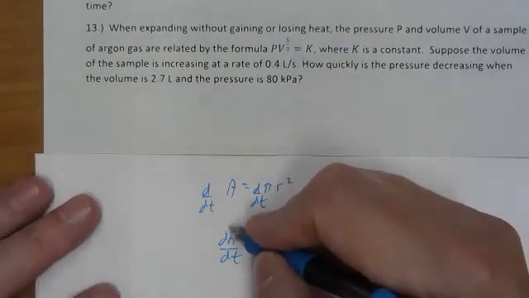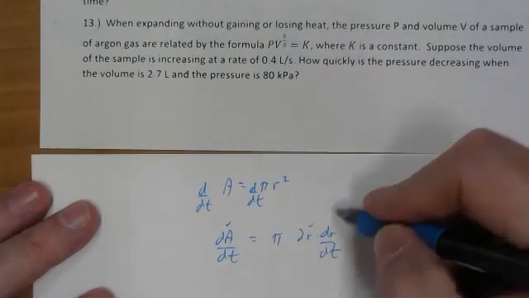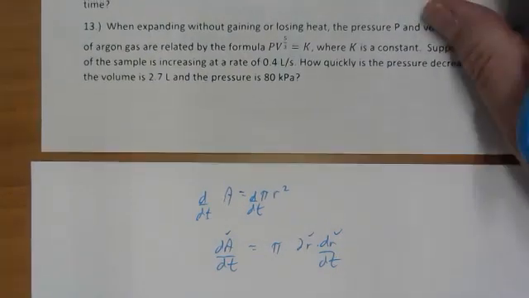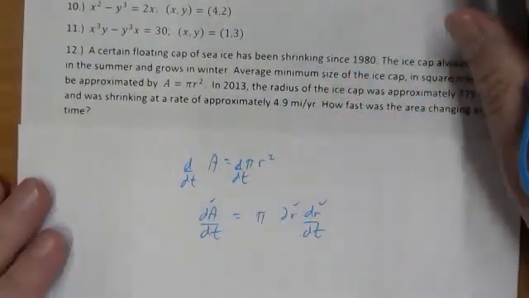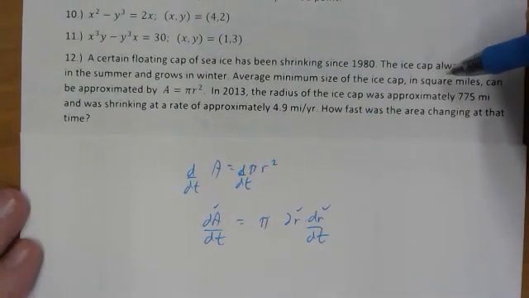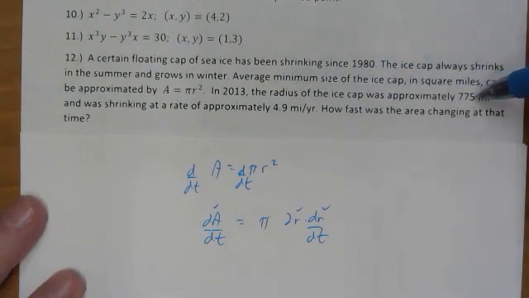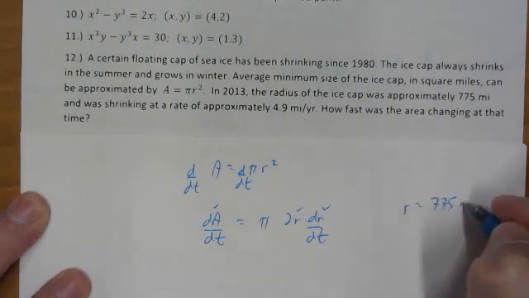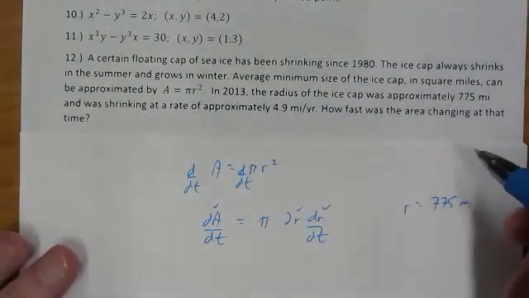So I've really got three things. How is the area changing? The rate the area is changing, the radius, and the rate that the radius is changing. Now let's see what they tell us. And then we probably need to solve for one of these. The radius of the ice cap was approximately 775 miles, so they tell us r, 775 miles, and we're shrinking at a rate of 4.9.